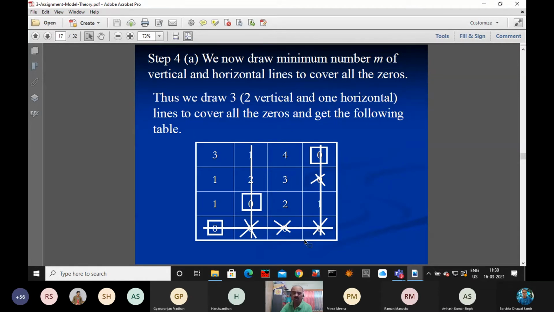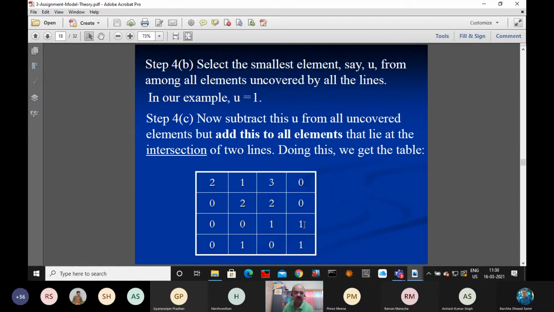Now this is the result. The reduced matrix, after all the rules, becomes 2, 1, 3, 0, 2, 1, 3, 0, 0, 2, 2, 0, 0, 0, 1, 1, 0, 1, 0, 1. Okay, this we have got.